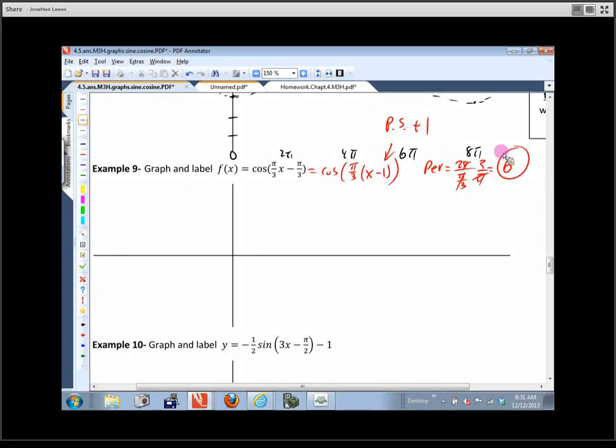Nice whole number. So we're going to start off at 0. We're going to go to 6. So there's the end. The middle would be 3. This is going to be 3/2, so that's 1.5. This would be 4.5, or 9/2. Everybody okay with that?